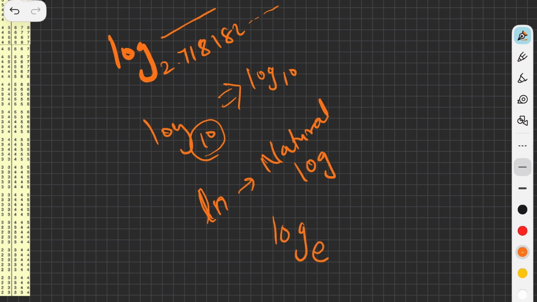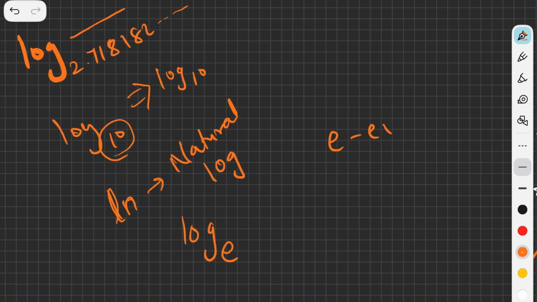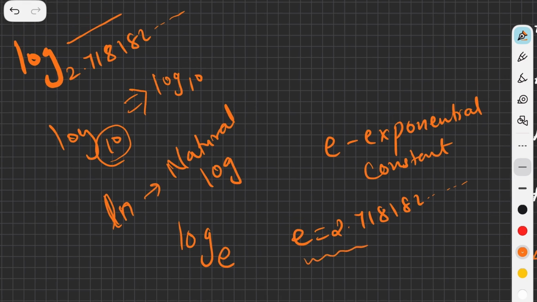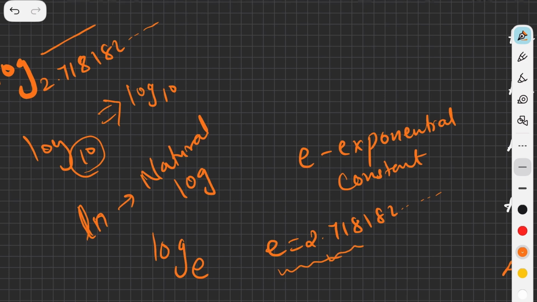Now you wonder what this e is. e is an exponential constant. Its value is 2.718182 and it keeps on going. It's an irrational number, but in mathematics e is a number which continuously keeps repeating again and again. That's why this number is given the symbol e.